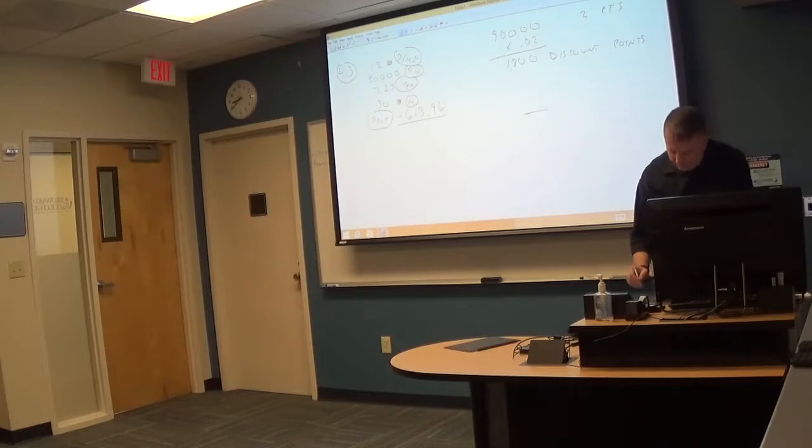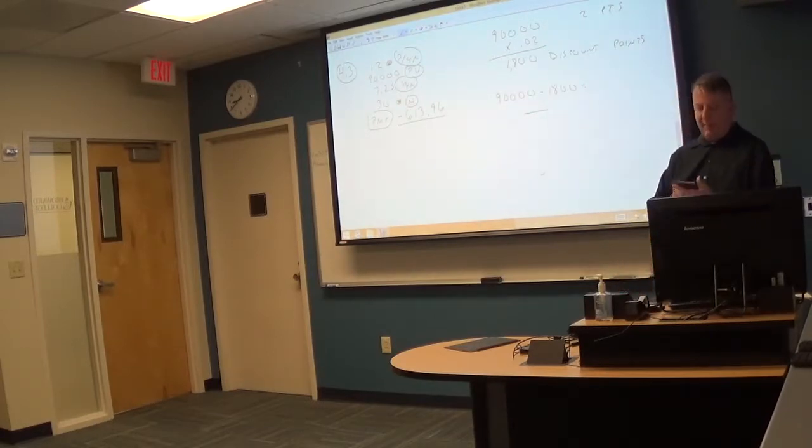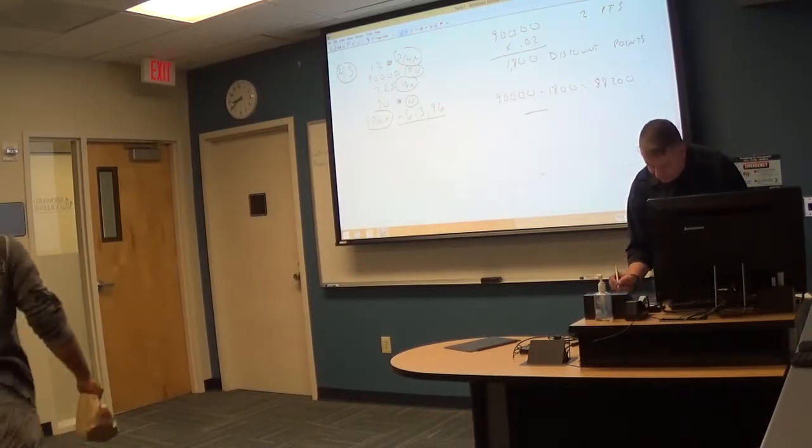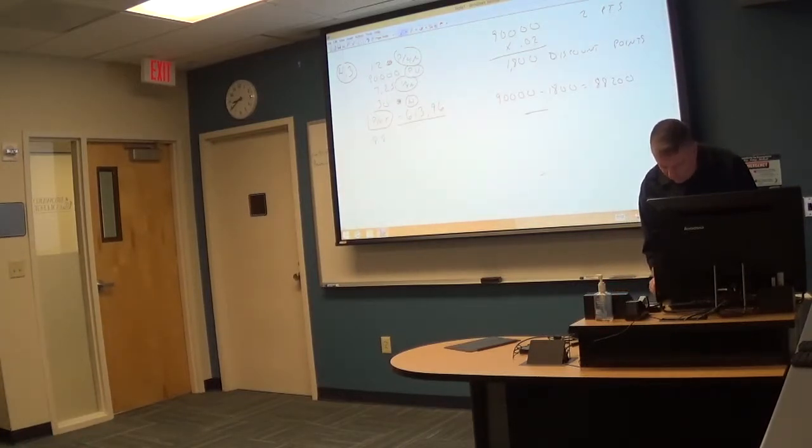Okay. So what we need to do is subtract out the 1,800 from the 90,000. We get 88,200. So that, in essence, is going to be our new loan amount or present value.